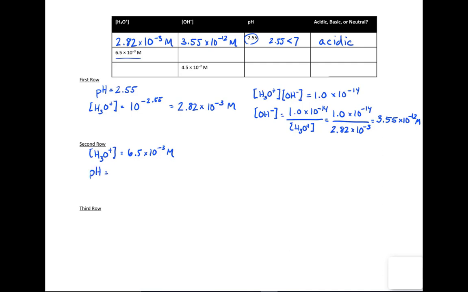The pH is the negative log of the hydronium ion concentration. Upon entering the values into our calculator, we find a pH of 2.19.